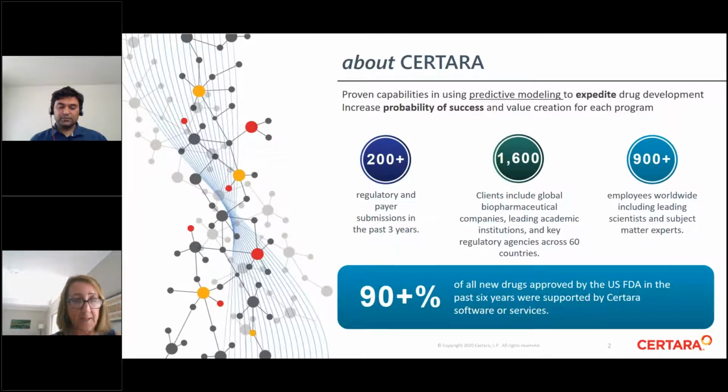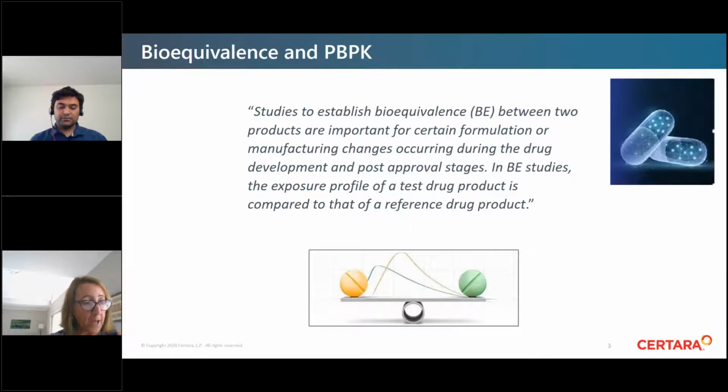Today, we're going to talk about bioequivalence and PBPK, PBPK being physiologically based pharmacokinetic modeling. And so per FDA, studies to establish bioequivalence between two products are important for certain formulation or manufacturing changes occurring during the drug development and post-approval stages.